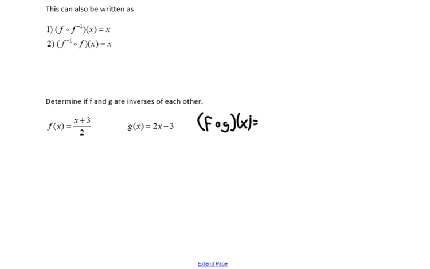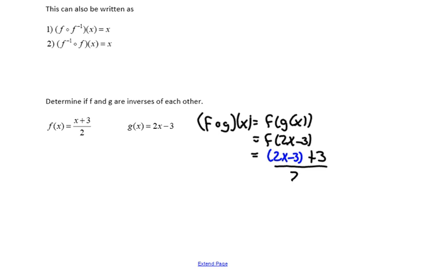Remember, g of x in this case is 2x minus 3, so I'm going to go to the f function and plug that in. In blue, I will rewrite it as 2x minus 3 plus 3, all divided by 2. Negative 3 plus 3 is 0, so that's 2x over 2, and that's equal to x.